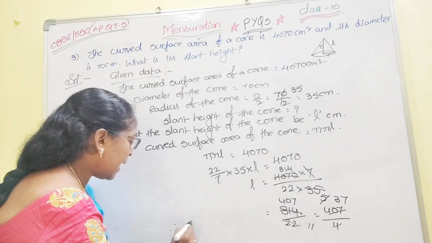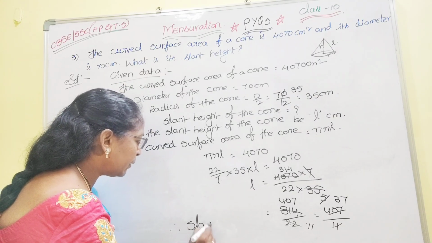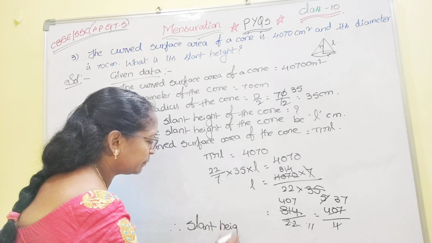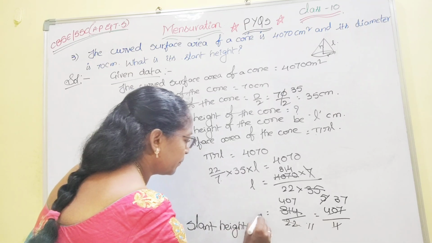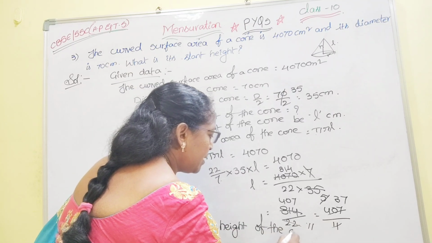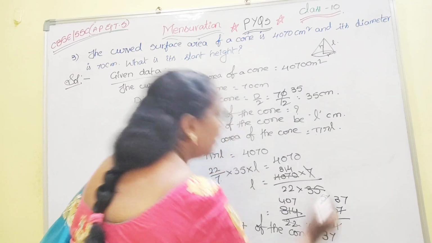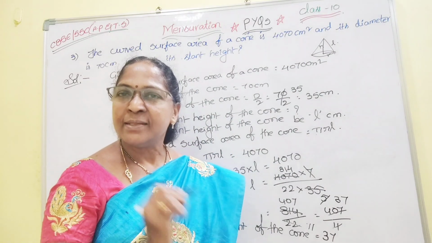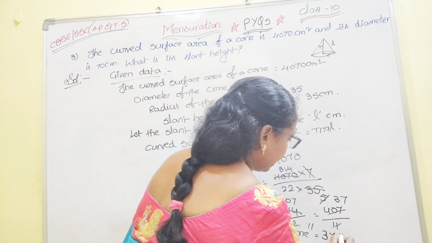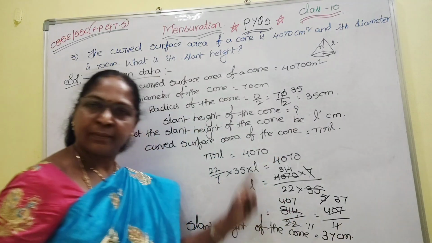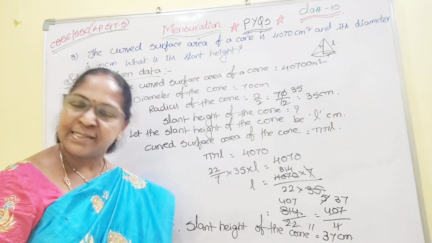Therefore the slant height of the cone equals 37. And what is the unit? Centimeters. This is the answer.